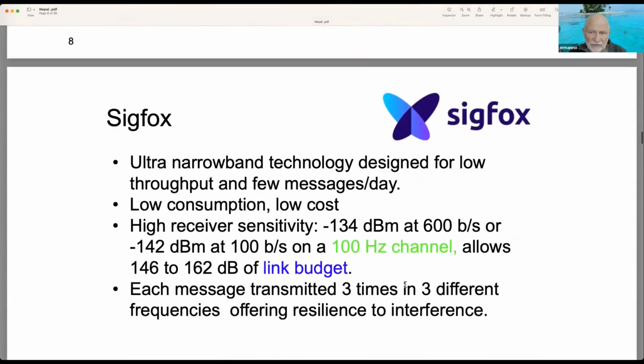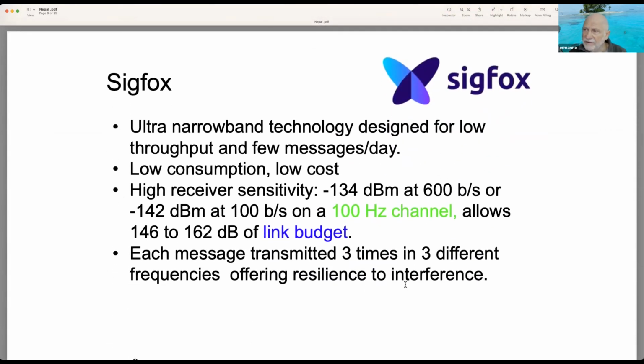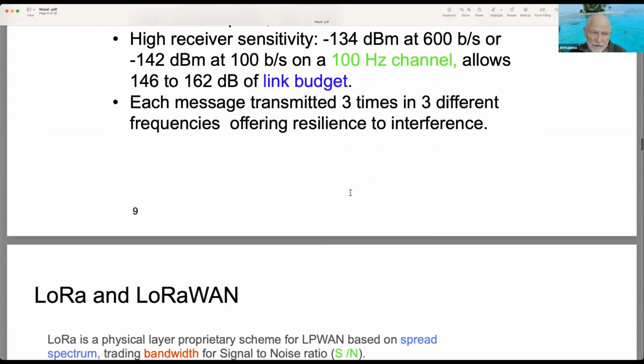Sigfox is a company that offers this kind of technology. They have a wide market, but you depend on this single provider, and you depend on the fact that Sigfox has made a deployment in your country or your region of interest. Otherwise, you cannot use this kind of service.